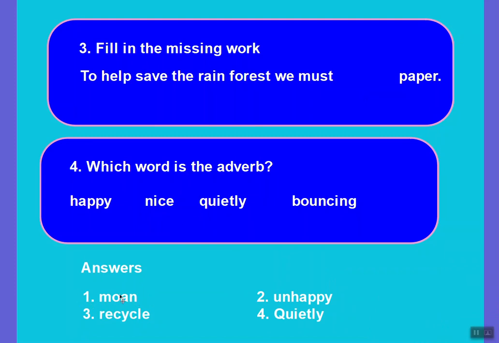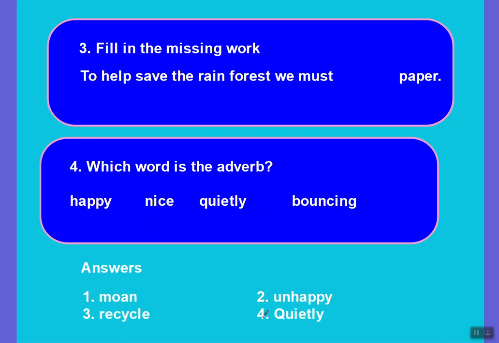So answer number 1 is moan. Moan rhymes with thrown. Okay, answer number 2 is unhappy. So unhappy is another word for sad. Answer number 3, recycle. To help save the rainforest, we must recycle paper. Also in there, we could have used the word reuse. So if you have reuse, that will also be okay.